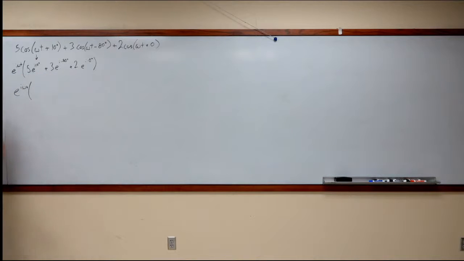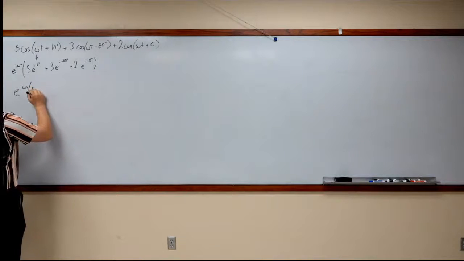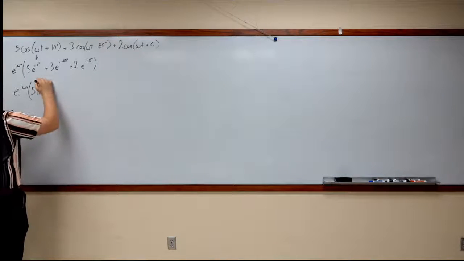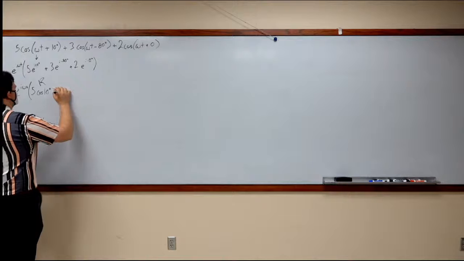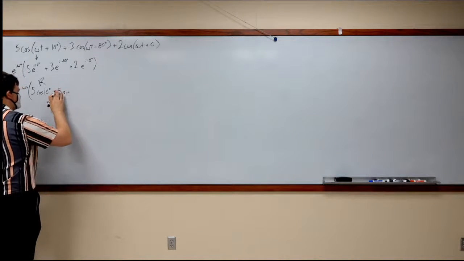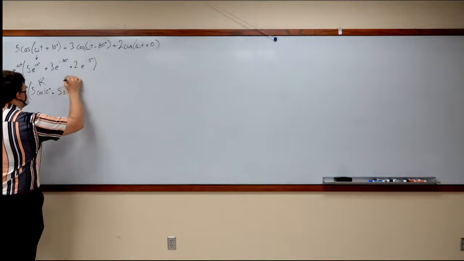So 5e to the I times 10 degrees has a real and imaginary component. The real component is 5 cosine 10 degrees. That's the real component. Plus 5 times I sine 10 degrees. And that's the imaginary component.